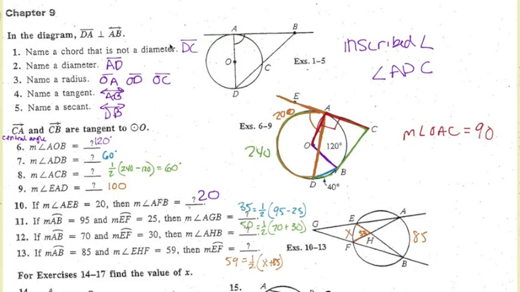So the angle 59 is half of adding together the x and the 85. Multiply both sides by 2 because that'll cancel out that half. So 118 is equal to 85 plus x, so we're going to subtract that 85. We find 33. That's our answer.